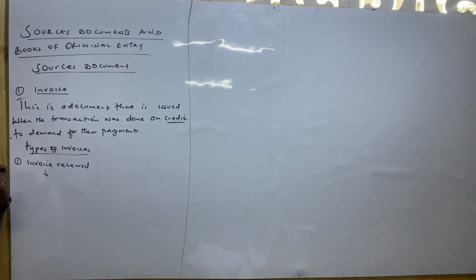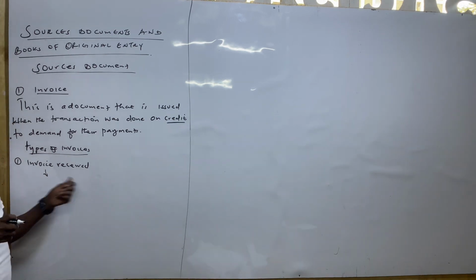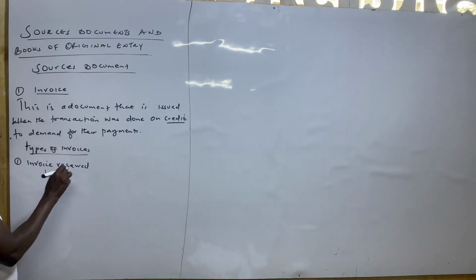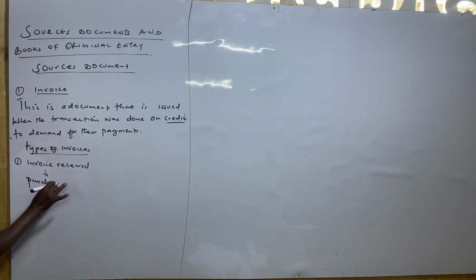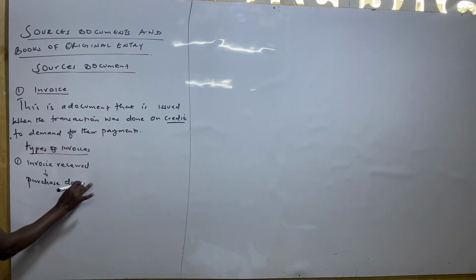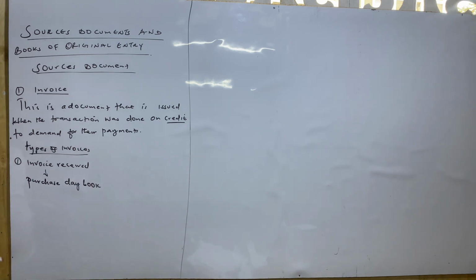So the type of invoice it is going to give us is what you normally call invoice receipt. And it's used with the purchase day book. Don't forget.